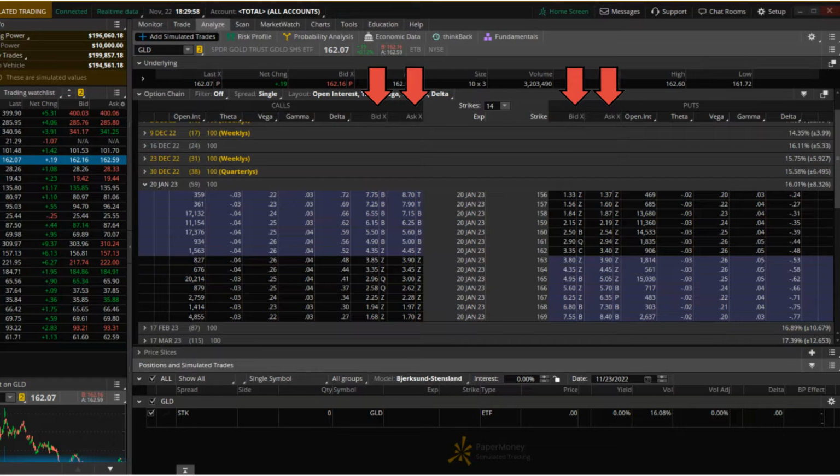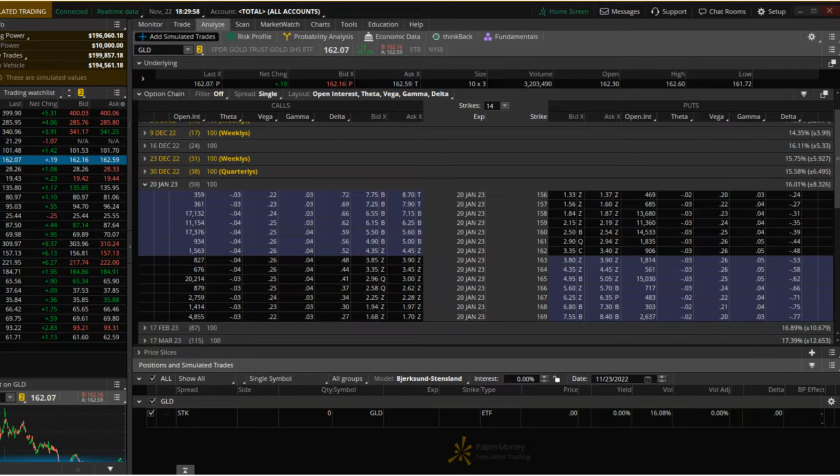The ask price is the lowest price that the seller is willing to sell it for. The seller always wants to get top dollar for their item and does not want to come down too far. The bid-ask spread is the difference between these two, and the midpoint between the bid-ask prices is called the mark price.